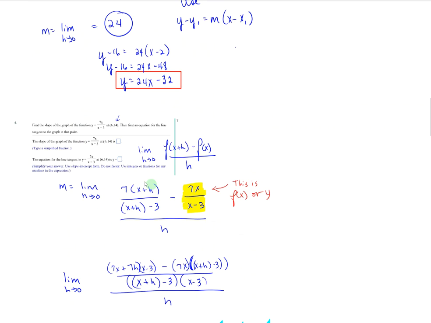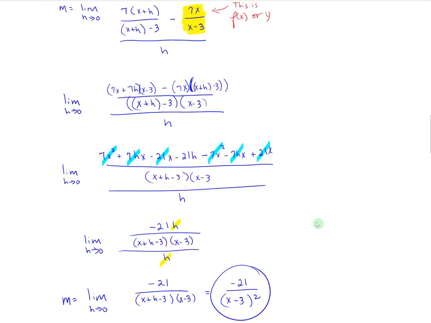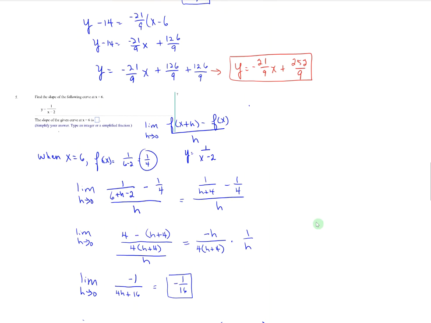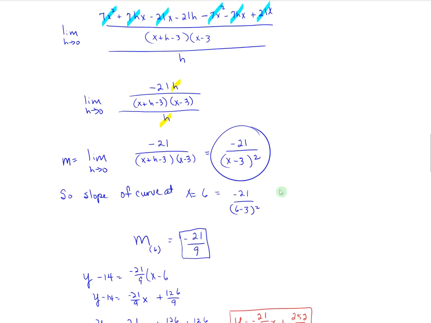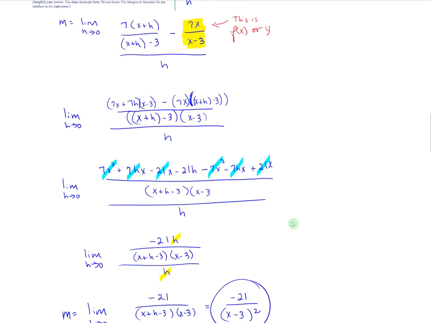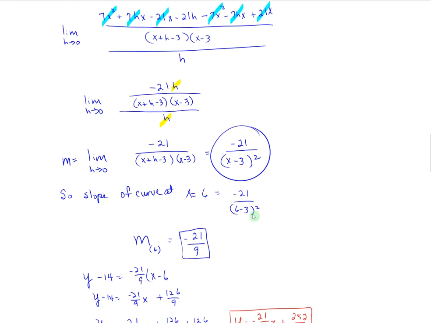Now, we are given x at the point (6, 14). So at x equals 6, if I plug 6 in there, I've got negative 21 over (6 minus 3) squared. So that's negative 21 over 9. That is my slope.